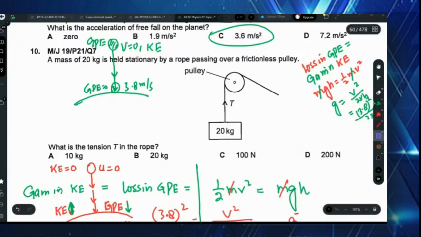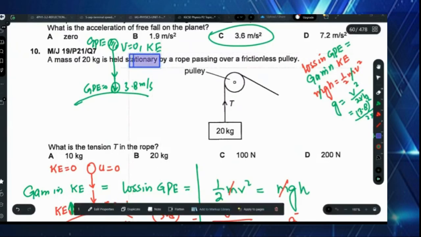Yes, Mariam, what were you saying? Is the tension force weight? Tension is not weight actually, but it compensates weight. We can use the formula of weight, but logically, because it is held stationary, whatever force it has in the downward direction will be the same in the upward direction.